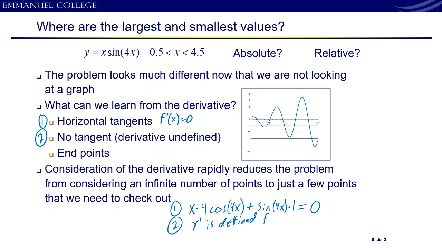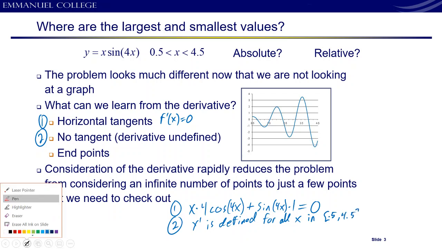Now we would say specifically for all x in (0.5, 4.5). Now these are strictly less than, so I should make these brackets. So it needs to be technically really differentiable in the interval.